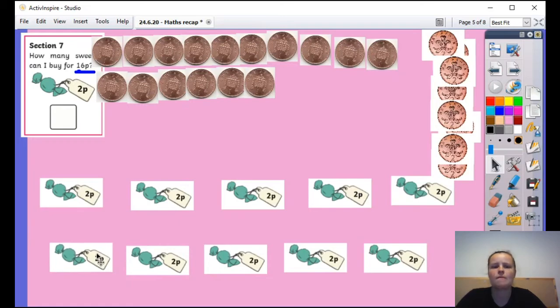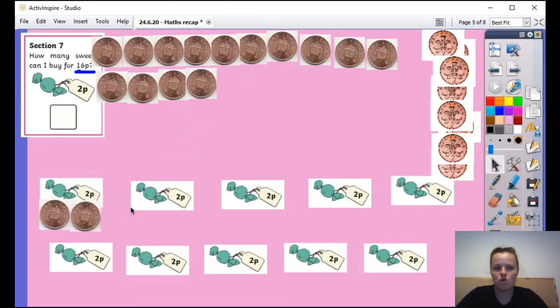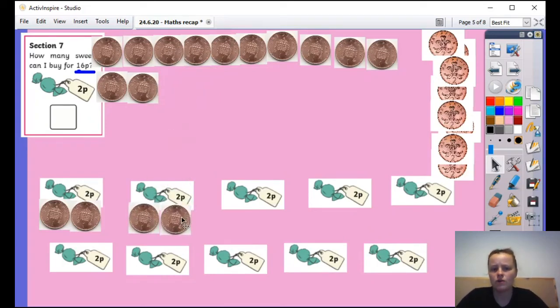So this sweet's worth 2p, so I'm going to take 1 of my coins, 2 of my coins, and I've bought 1 sweet. I need to get another 2 coins. So I bought 2 sweets, and you can see that I've still got more money here, so I can still buy more sweets.